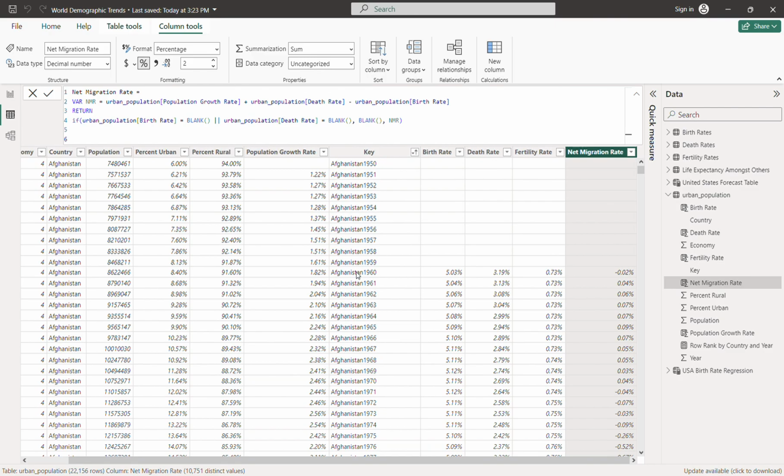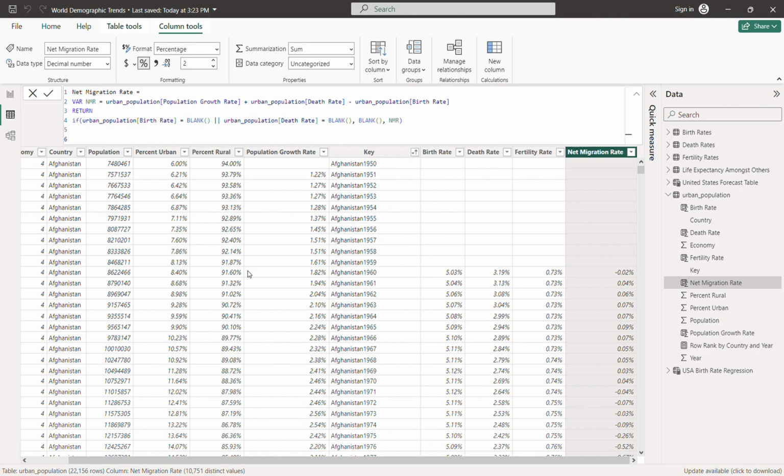But since we don't live in a closed system, we have to also incorporate the external sources of population, which come from immigration. So if you see a negative net migration rate, that means more people left the country than entered, and vice versa if you see it in a positive light.